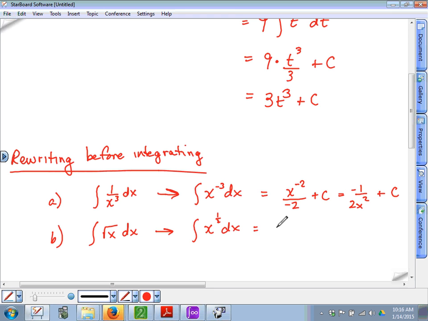Remember, you're adding. If you add 1 to 1/2, it's 3 halves. But then you have to divide by the same power, so you're dividing by 3 halves. Dividing by 3 halves is the same as multiplying by 2/3, because of the whole reciprocal rule. Yep, plus c.